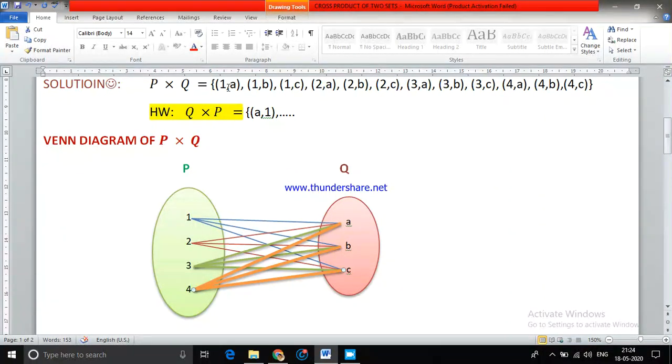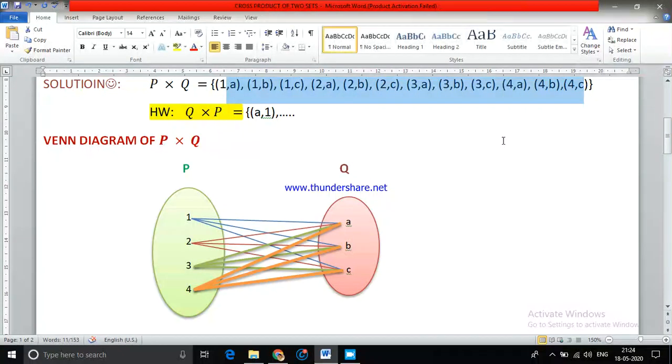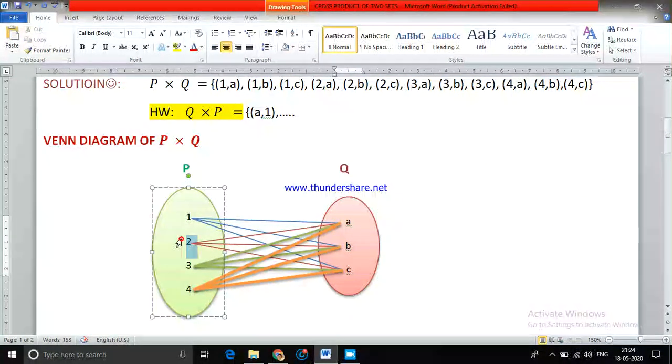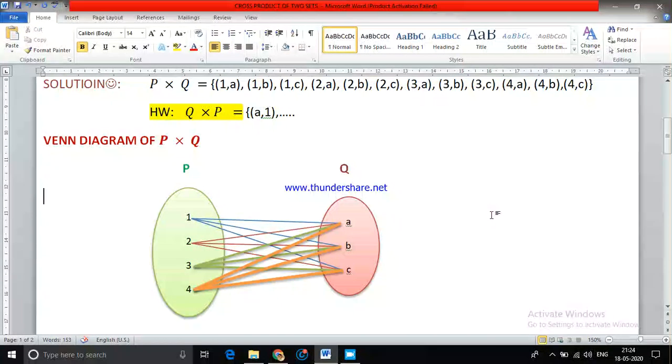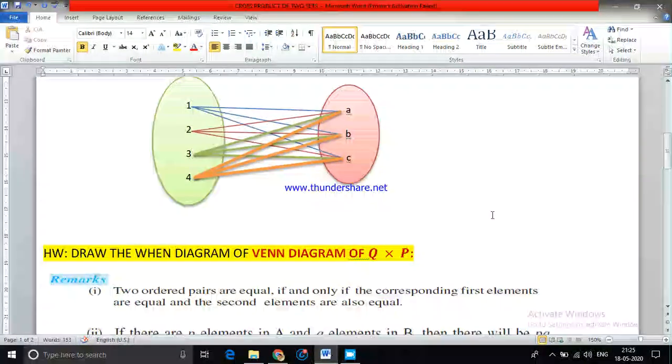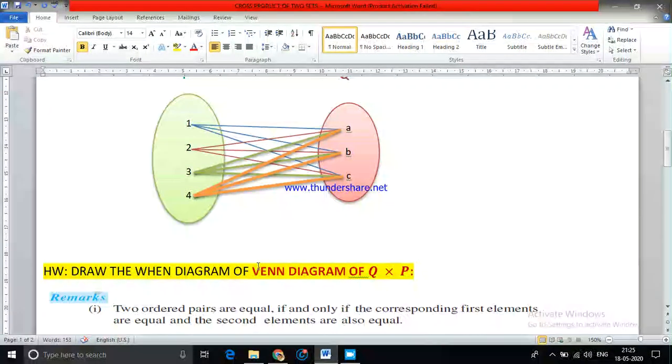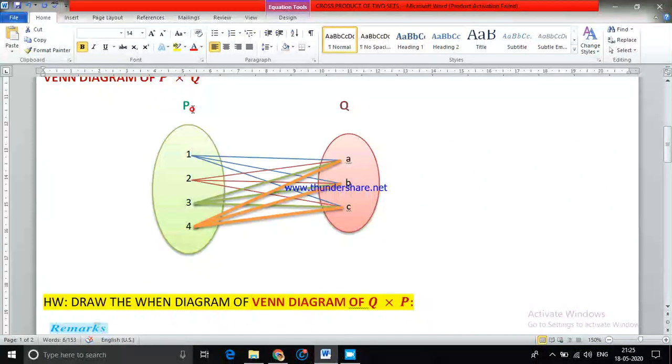One way you can represent it is this way. Another way to represent is with the help of a diagram also. Okay, so this is the diagrammatic representation of a cross product. Now what you have to do is draw the diagrammatic representation of Q cross P. So simple. Here circle Q will come, here circle P will come.